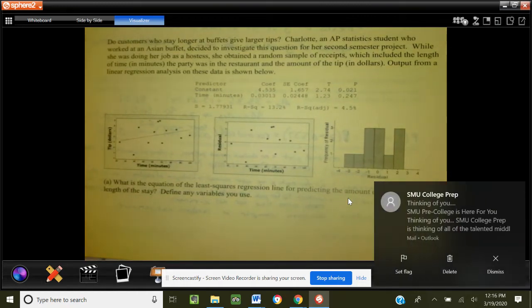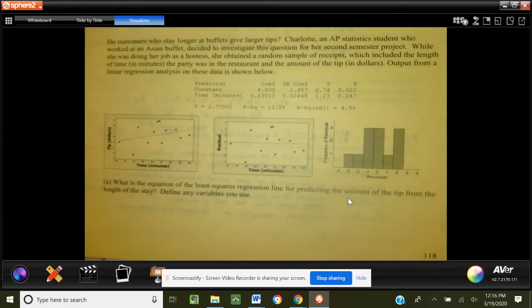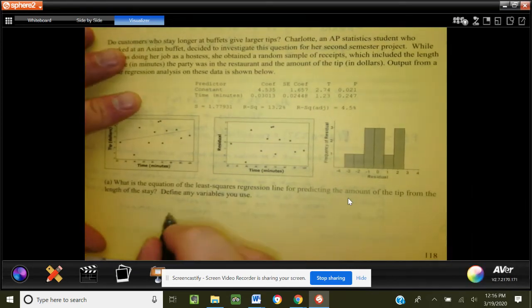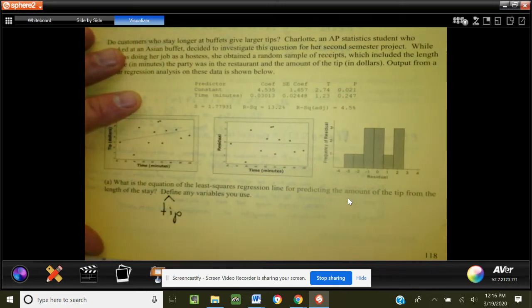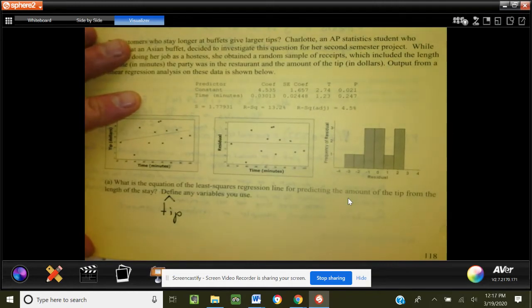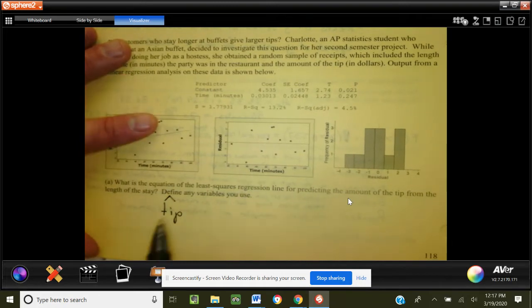So what is the equation of the LSRL? We're talking about predicting the tip. It says define any variables you see. I think it's easier just to write the variable context within the equation itself. This information is from a sample.